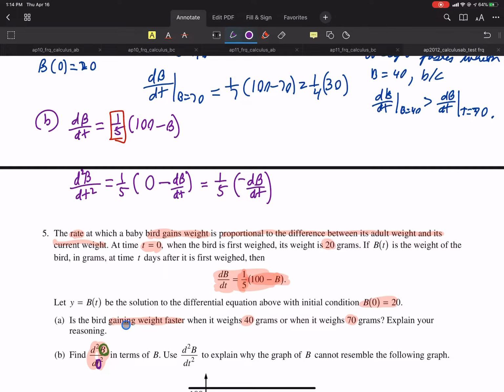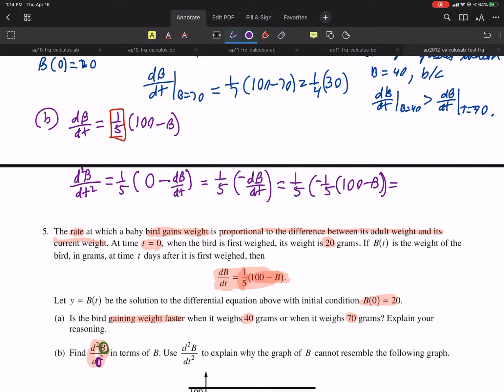Now, they want the answer in terms of b, if you read the question. So we have to replace dB/dt with what it is. And there is our second derivative.